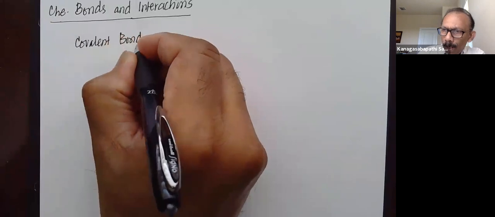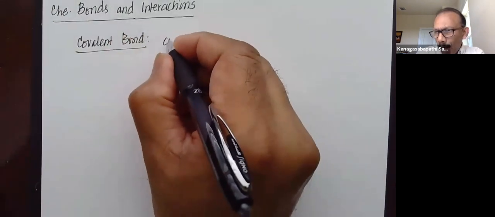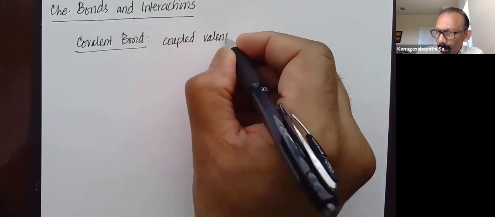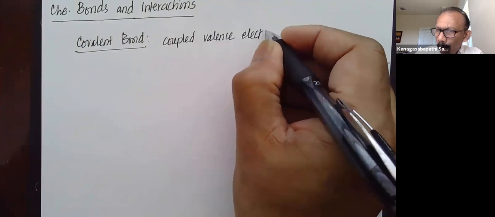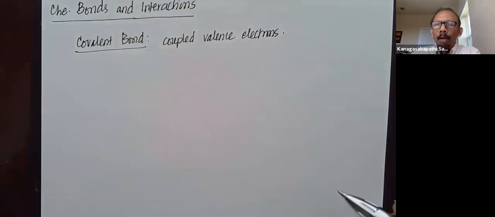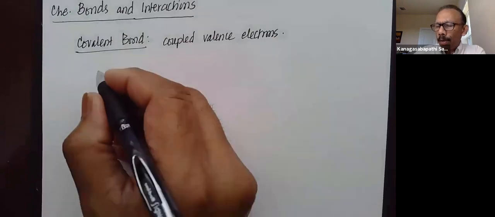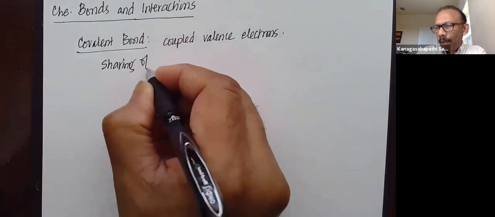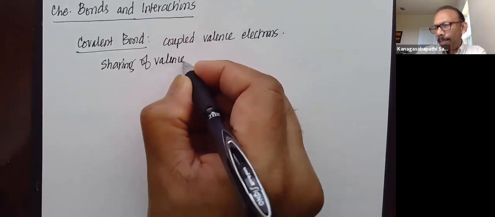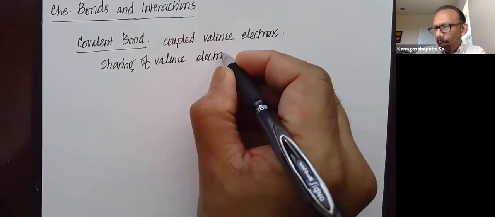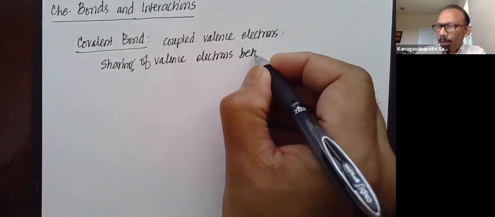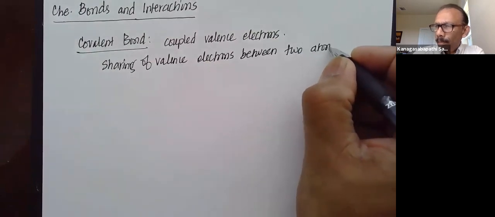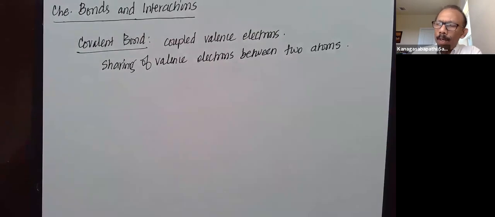The name covalent comes from coupled valence electrons. What is this coupled valence electrons? These are the sharing of valence electrons between two atoms.